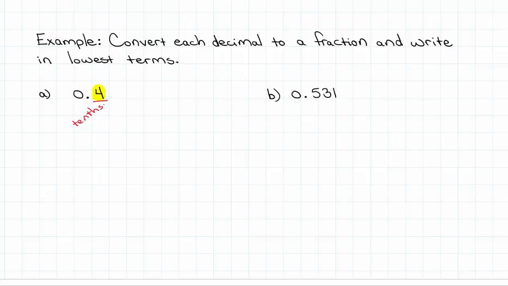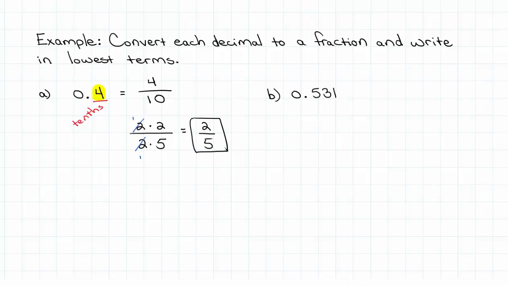Since it's in the tenths place value, I'm going to write the 4 in the numerator, and I'm going to write a 10 in the denominator. Now I'm going to need to reduce this. 4 is the same as 2 times 2. 10 is the same as 2 times 5. So I can divide out the 2's, and that's going to give me 2/5.